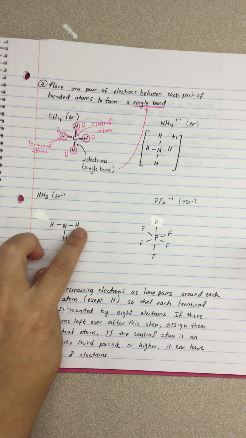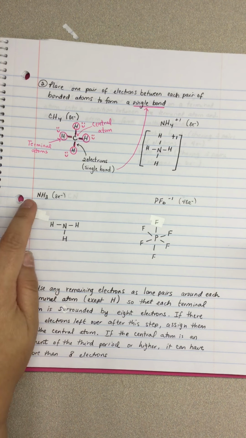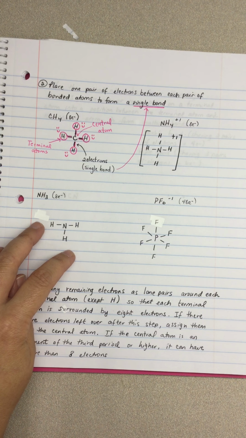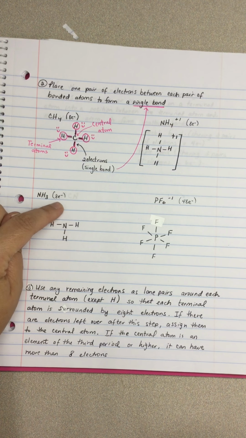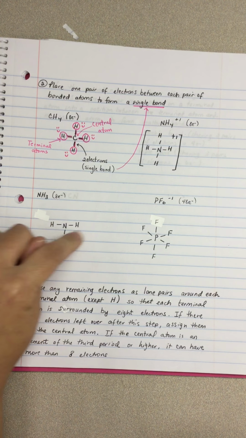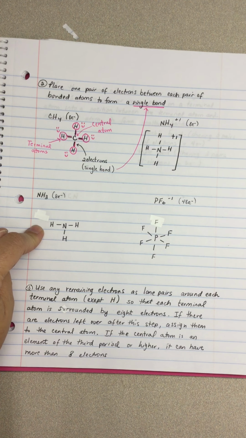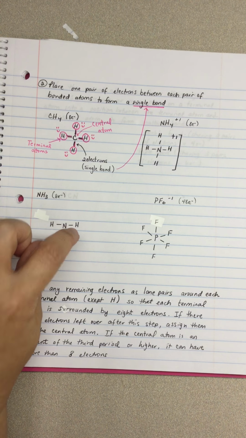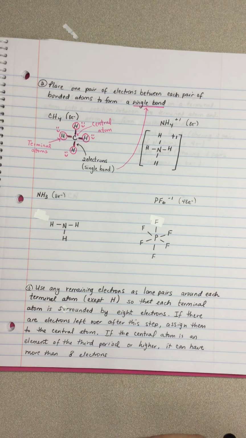But your terminal atoms here for NH3 are hydrogens, and hydrogen has a complete octet with just 2 electrons, which means you don't have to use your 2 remaining electrons to complete the octet of any hydrogen. But you need to use those 2 electrons to complete the octet of your nitrogen, because you don't have enough things bonded to your nitrogen to have a complete octet.